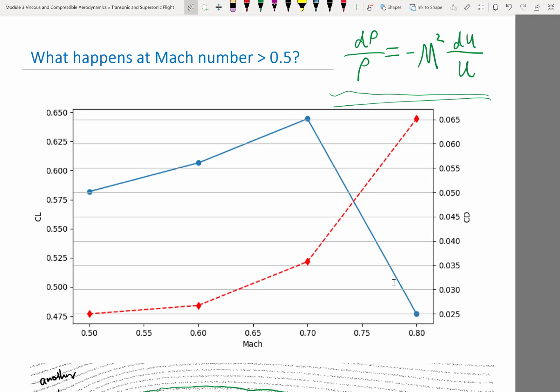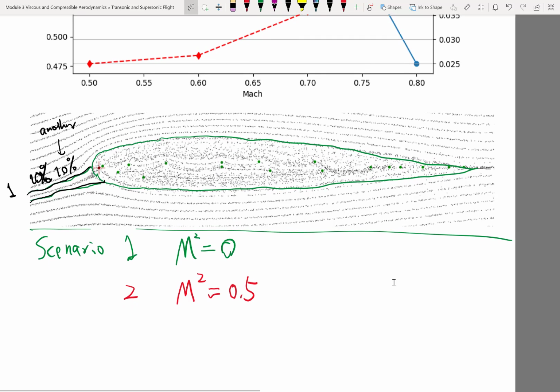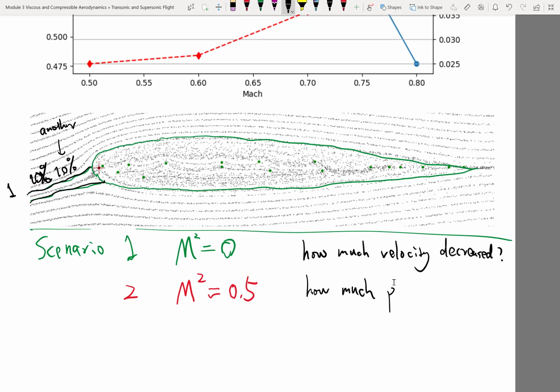In both scenarios, the first question is how much the velocity decreased, and the second question is how much the pressure increased. And if you work that out, then a subsequent question is the following.